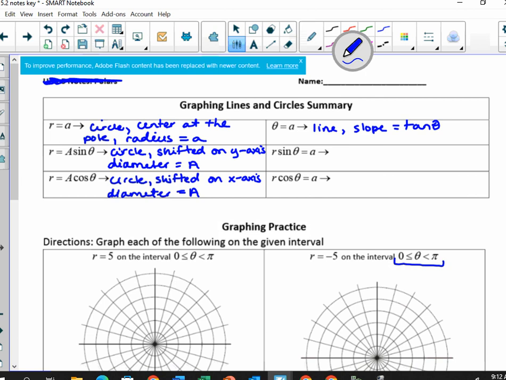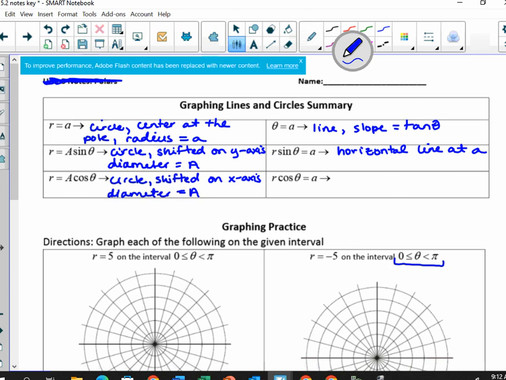All right, guys, if it's r sine of theta, is that x or y? Y, so is that a vertical or horizontal line? Good, so this is a horizontal line at a. Okay.